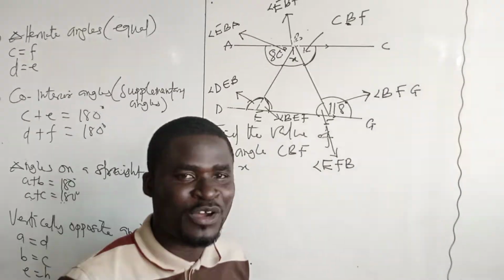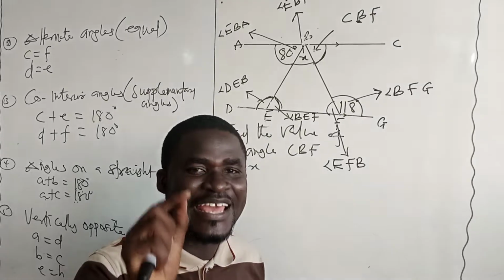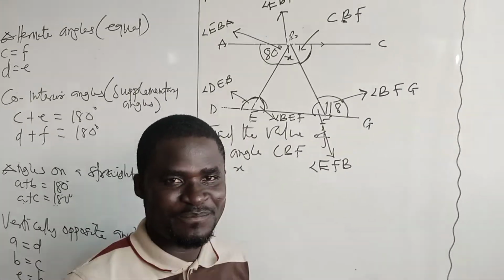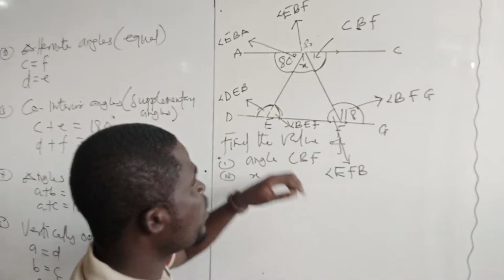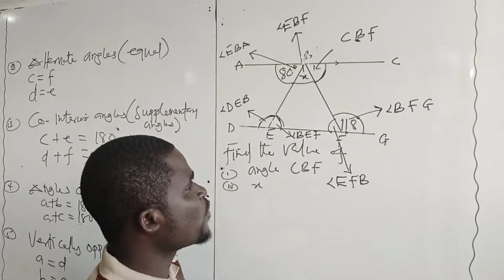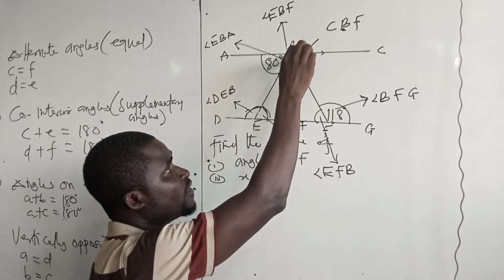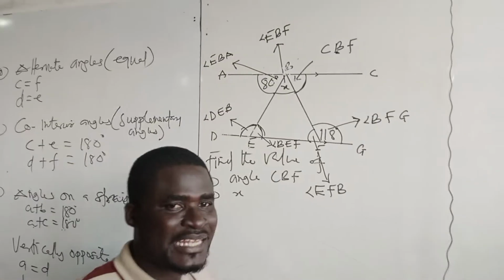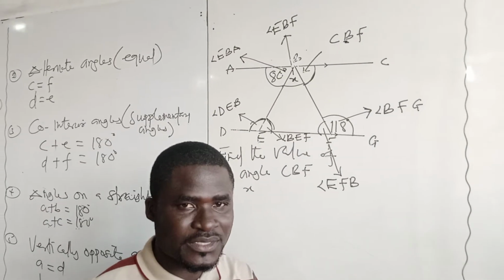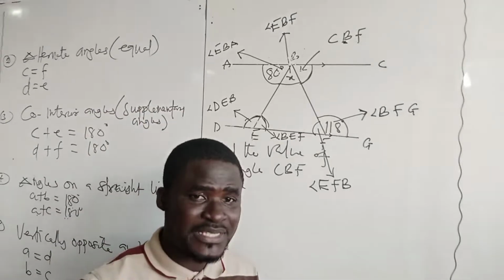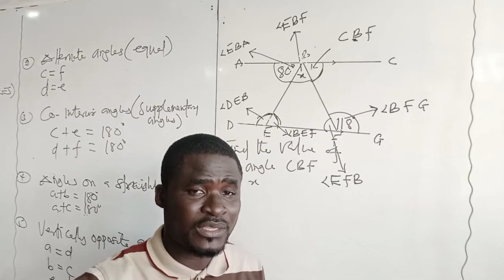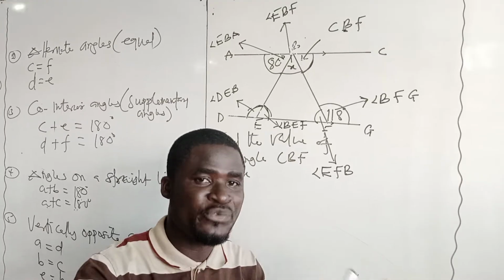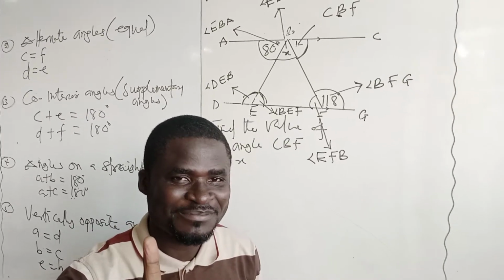And co-interior angles are equal to 180 degrees. Take note. In objective tests, when they ask you the relationship between this angle and this angle, the first answer that will come to your mind will be co-interior angles. But when you go to the possible answers and you don't have co-interior angles, the alternative answer will be supplementary angle. So take note.